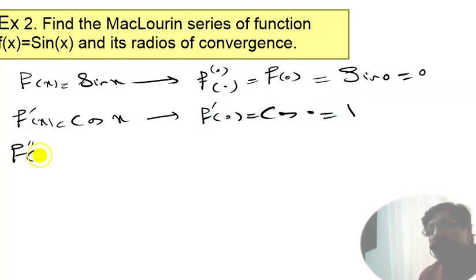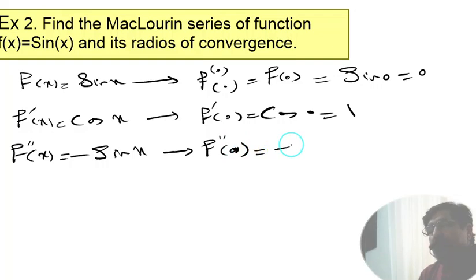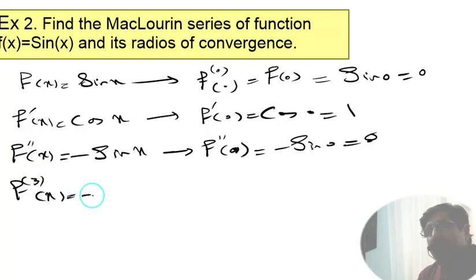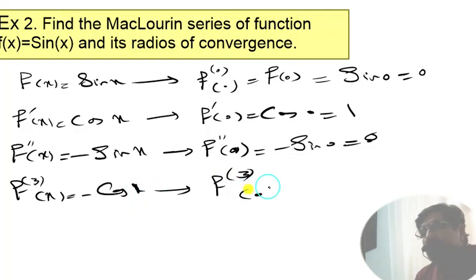The second derivative of f at x is negative sine of x, so f double prime at 0 is minus sine of 0, that is 0. The third derivative of f at x is negative cosine of x, so the third derivative of f at 0 is minus 1.